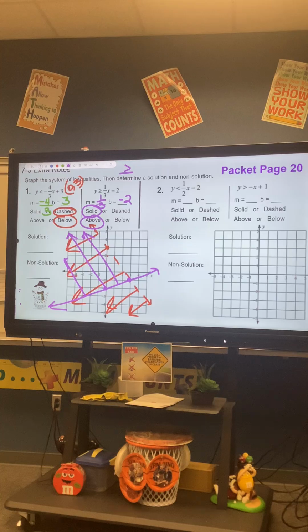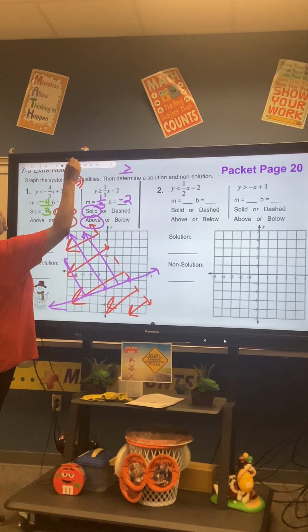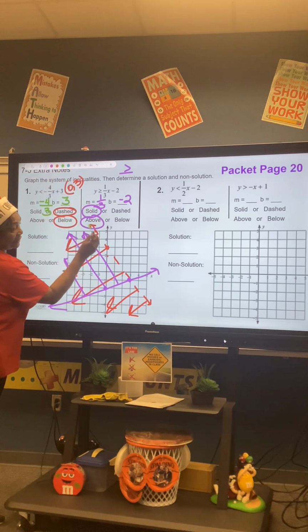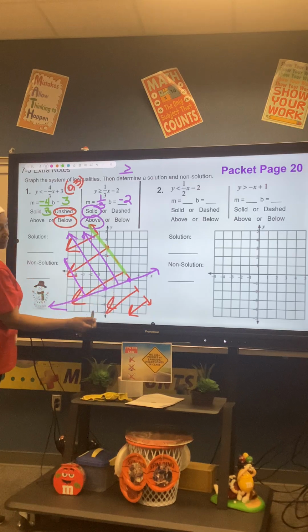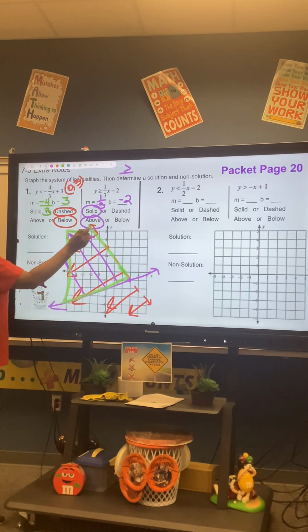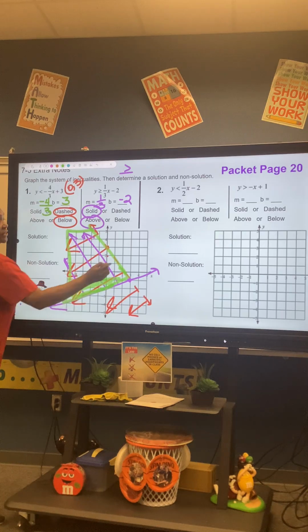Okay. All right. Now, your solutions are going to come in that double shaded region. I'm going to try to go green here. So you know that these are your boundaries. So you go all the way down to your purple, and that is your double shaded region.